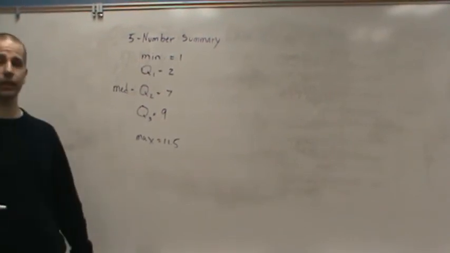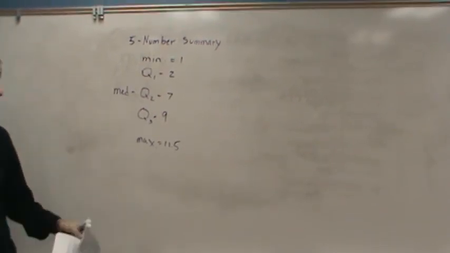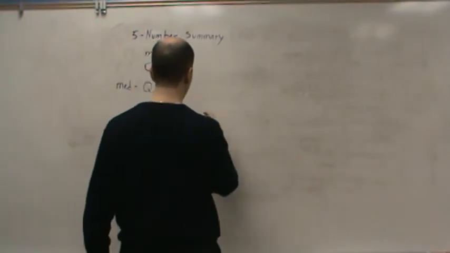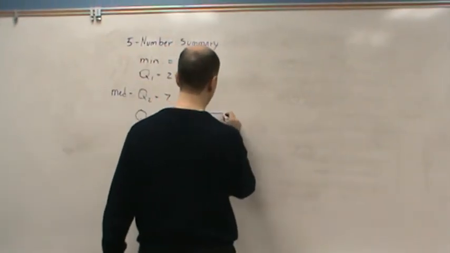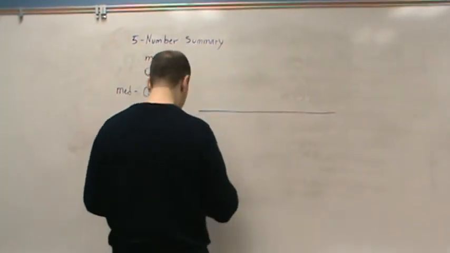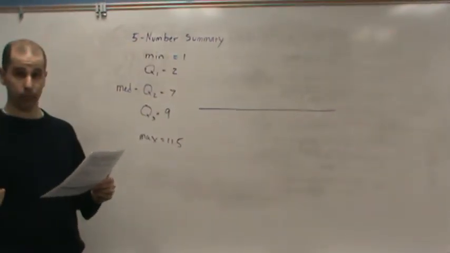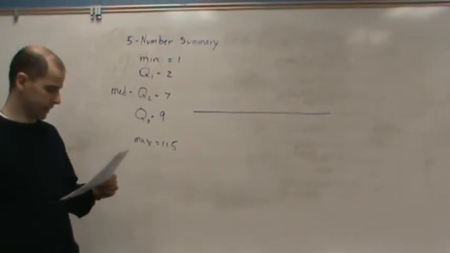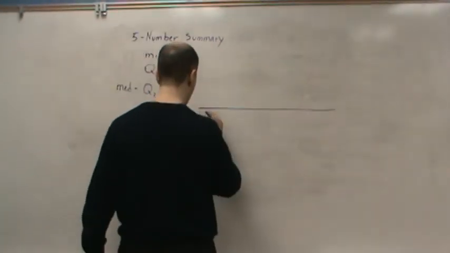Now this is how we're going to construct a box plot. All you have to do is take the 5-number summary, draw a horizontal line, and write out the tick marks. You just want evenly spaced tick marks. So that's what I'm going to do.